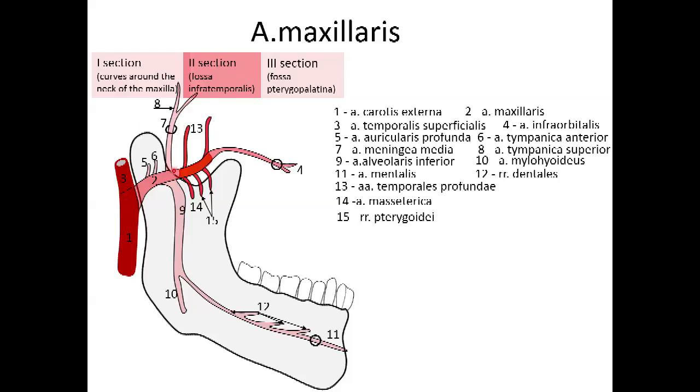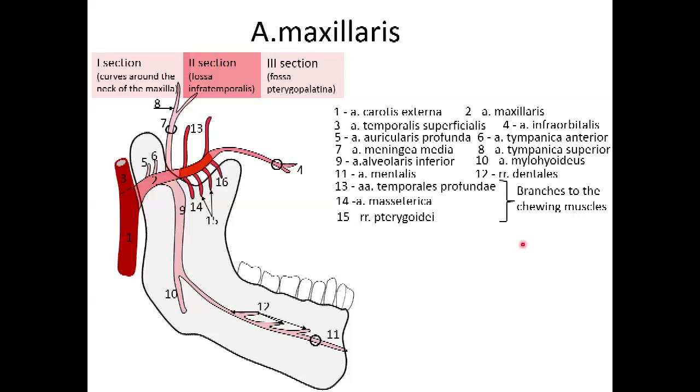So practically all the aim of the second section is supplying the chewing muscles. So I demonstrate to you that all these vessels, temporalis profunda, masseterica, rami pterygoidei, are branches for chewing muscles.